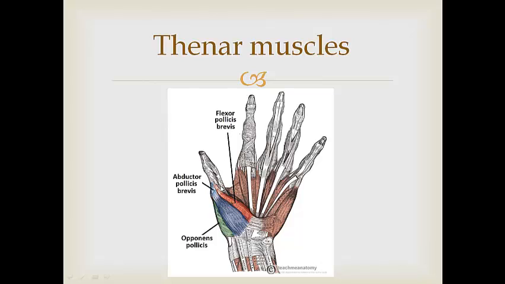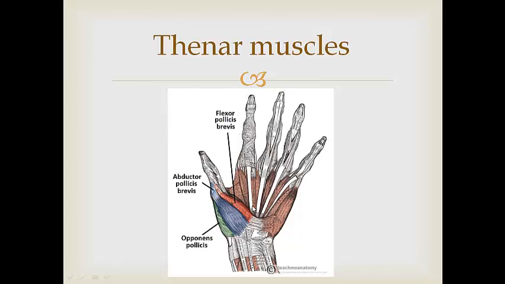That's the one that causes flexion. And then the opponens pollicis, the one that causes opposition, is going to be found on the lateral side. So those are the three muscles that give me the thenar eminence. They are three muscles that are concerned specifically with moving the thumb, either to cause abduction, flexion, or opposition.